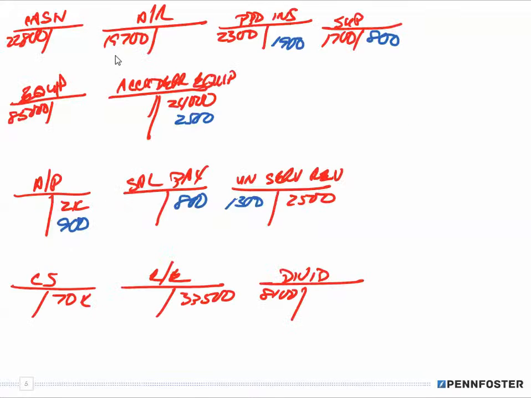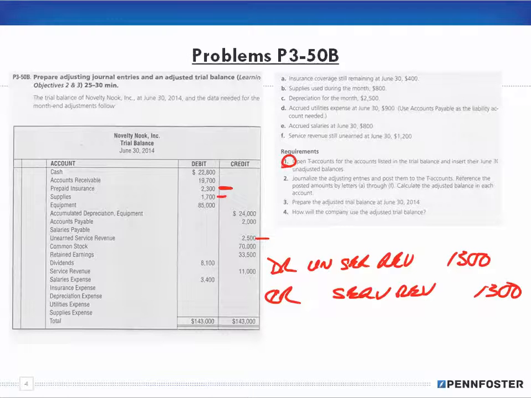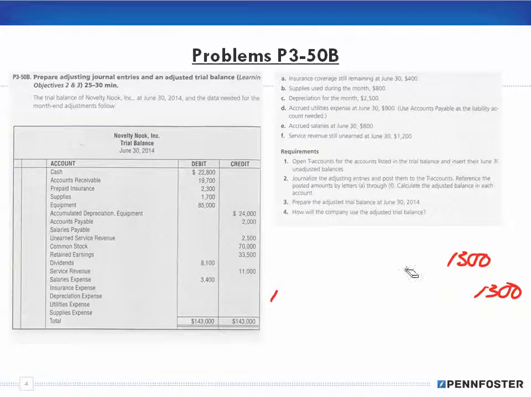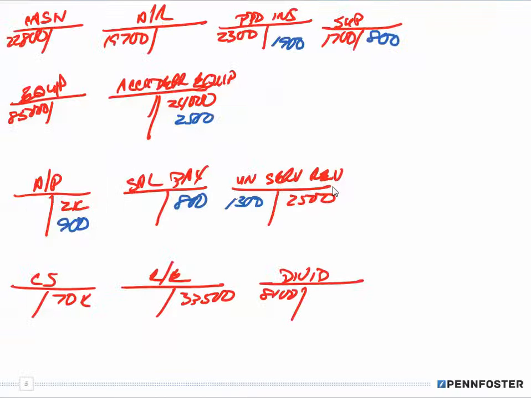Okay, so now we've posted them to those journal entries to the accounts, and the next thing that we have to do is, it says here to calculate the adjusted balance in each account. Right, so we're going to go down and calculate the balance.